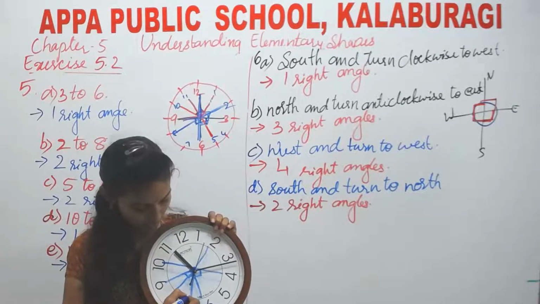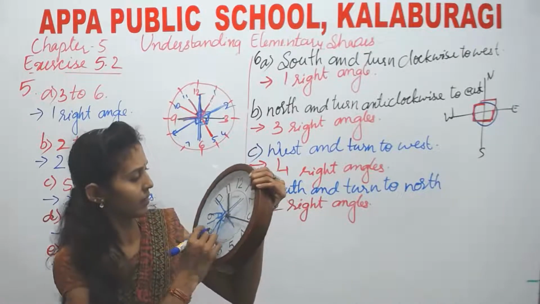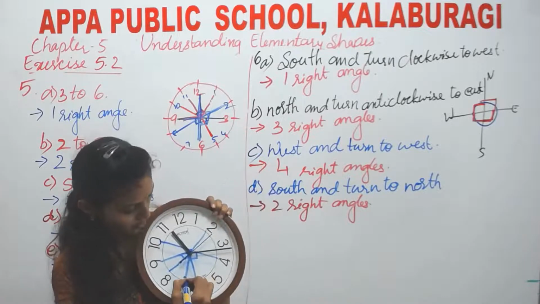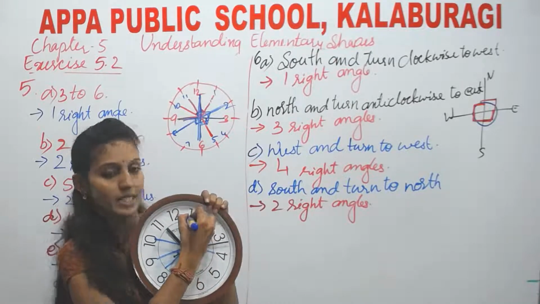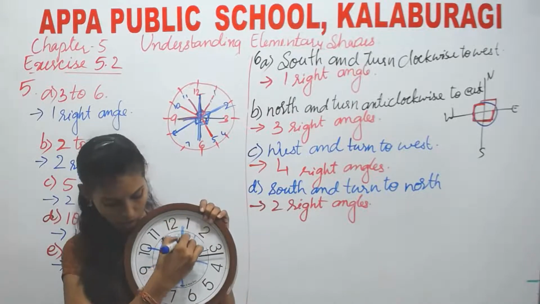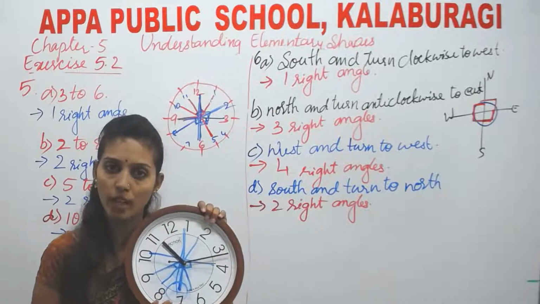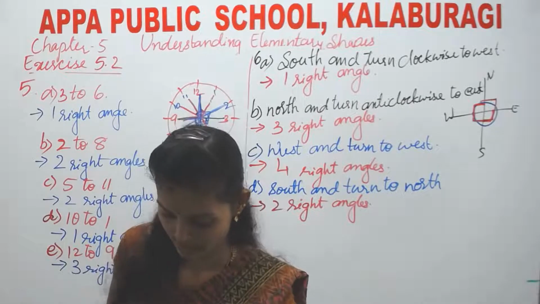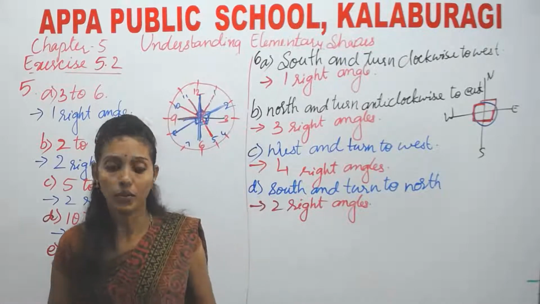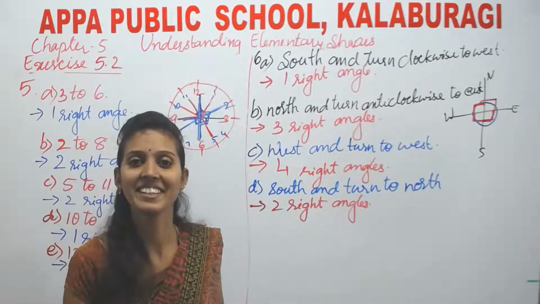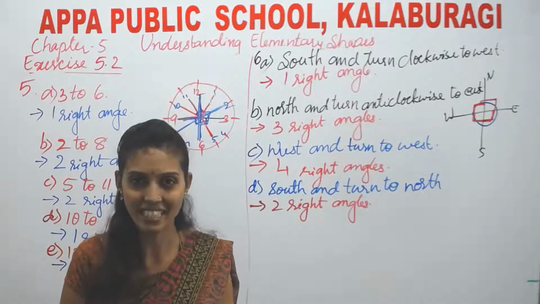From 7, one straight angle is to 1. From there, one more straight angle. So where will it reach? It reaches 7 only, isn't it? Yes. So, how was it? It was very easy, isn't it?